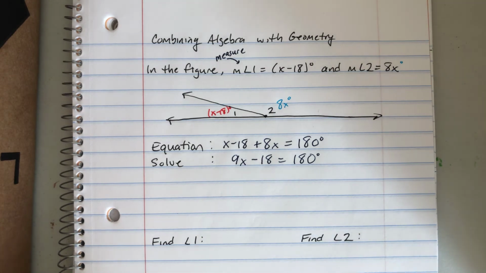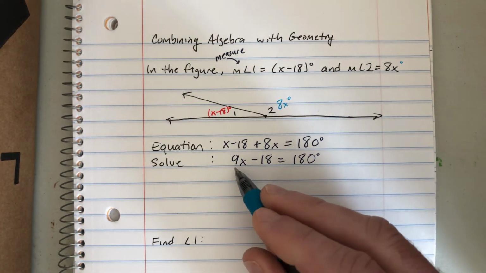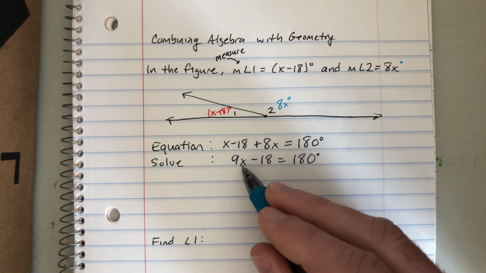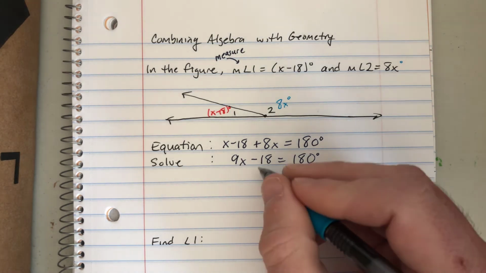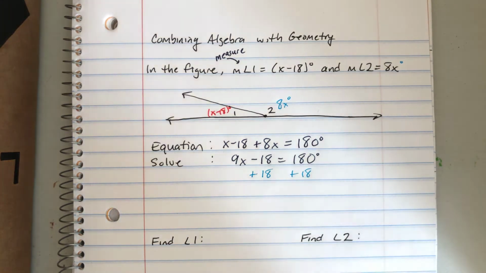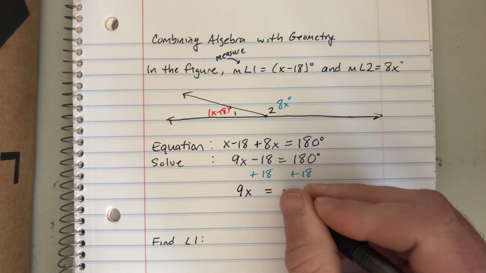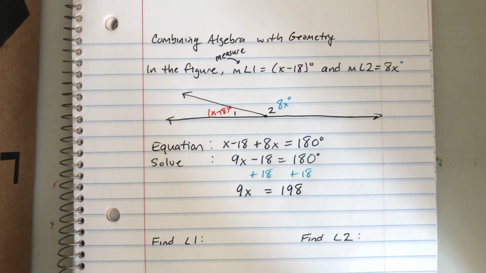Now we have a two-step equation. Hopefully you remember some two-step equation stuff here. We have to get rid of whatever's furthest away from the variable. So we get rid of the minus 18 by adding 18 to both sides. So we have 9x equals 198.